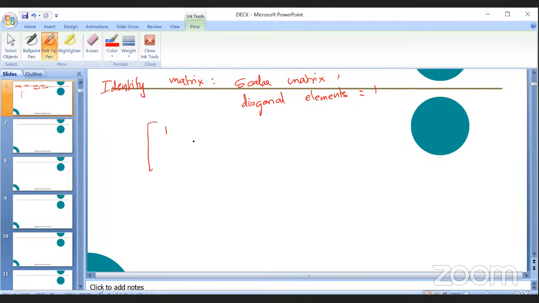So if diagonal elements are 1 and non-diagonal elements are zeros, then it is called an identity matrix. It is denoted by I. Identity matrix.